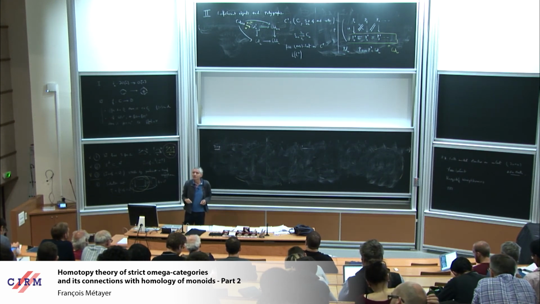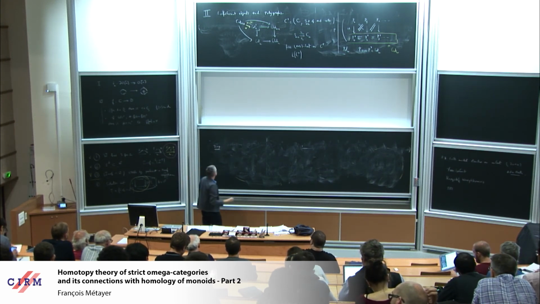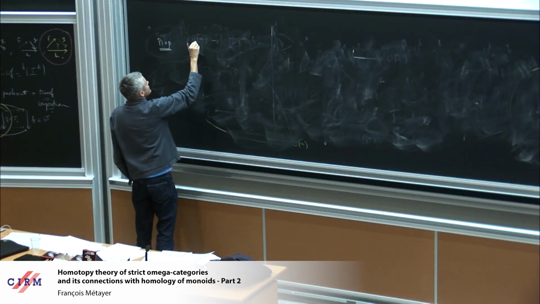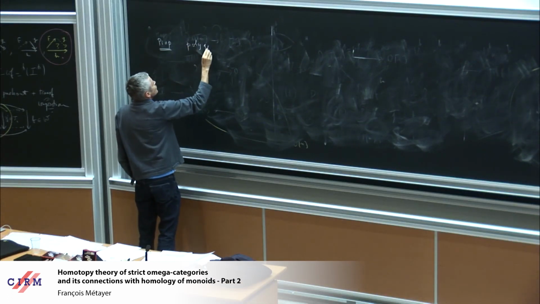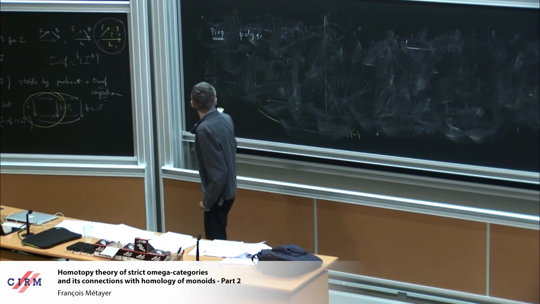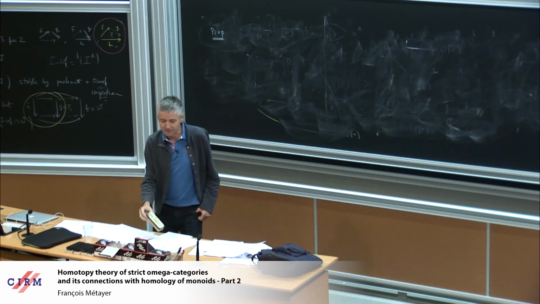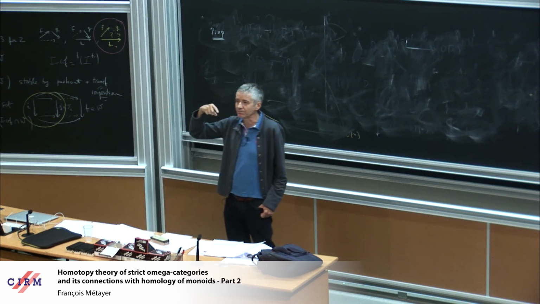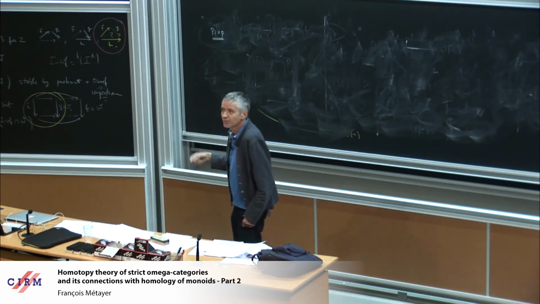Proposition: polygraphs are cofibrant in omega cat. So in one sense, polygraphs, well, not polygraphs, sorry, more precisely, categories of the form P star were freely generated by polygraphs.